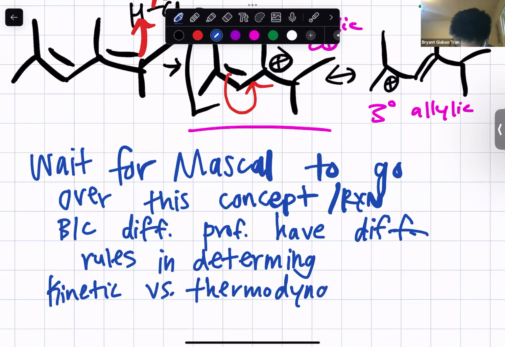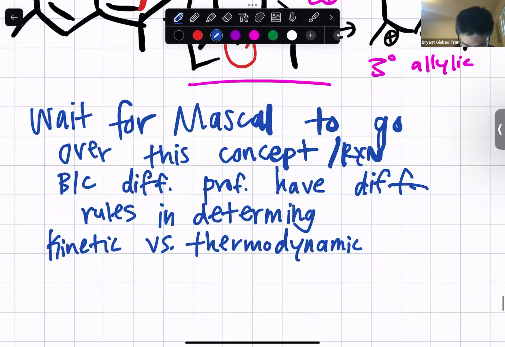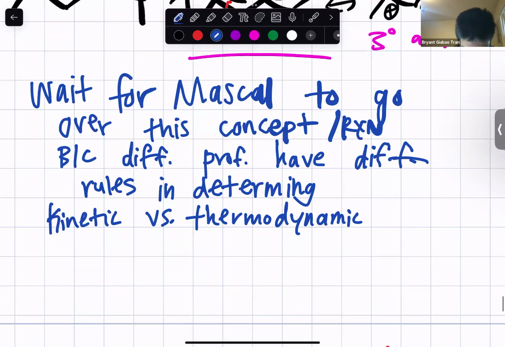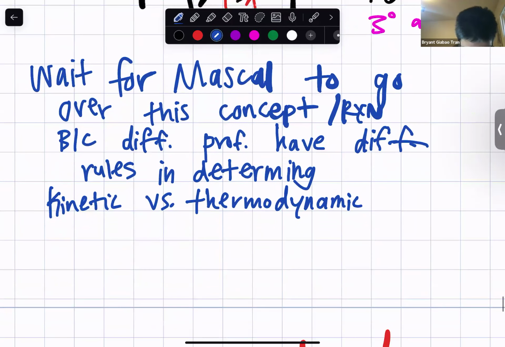And once he goes over that, I'll have a more clear thing on what he wants.